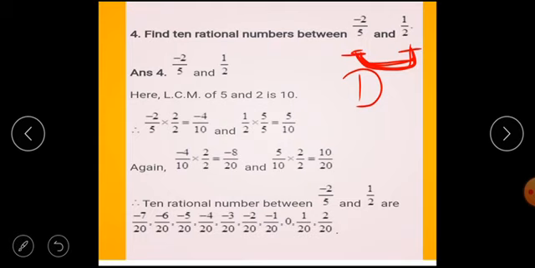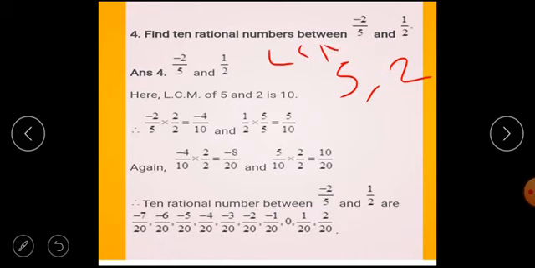We will take the LCM of 5 and 2. So the LCM of 5 and 2 will be equal to 10.